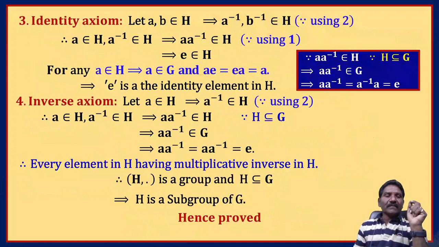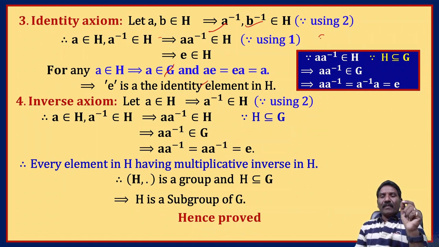Next, identity. By using condition 2, A, B belongs to H gives A inverse, B inverse belongs to H. Therefore, A belongs to H, A inverse belongs to H gives A inverse A belongs to H using condition 1.